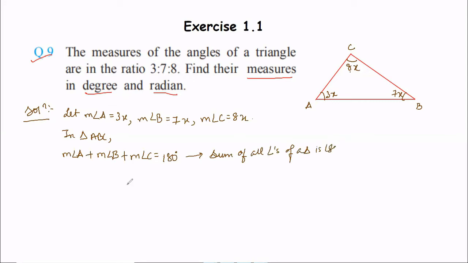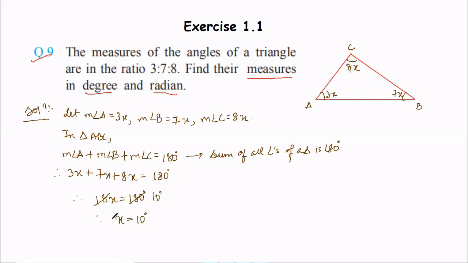That's the reason for using this property. Substitute everything. Therefore, 3x plus 7x plus 8x should be 180. Let's add them. We will get 18x equal to 180 degrees. And that's how we get 18 and 180 cancelled, 10 is remaining. And that's how we get x equal to 10 degrees.